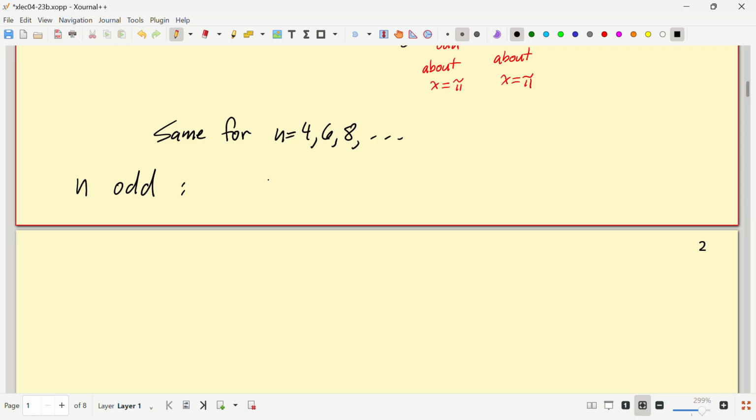Let's do the A1 term. A1, for example, that would be 1 over 2 pi, integral from minus 2 pi to 2 pi. And the function's even, so that would be twice the integral from 0 to 2 pi.